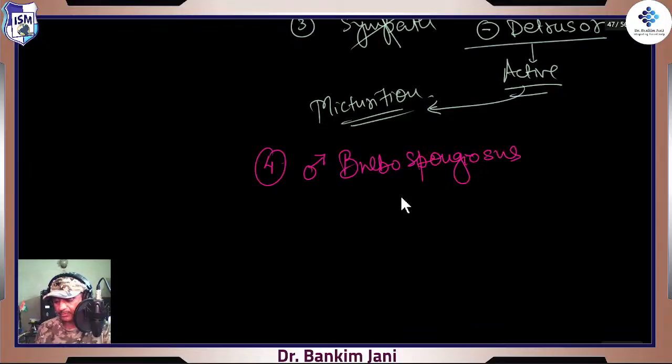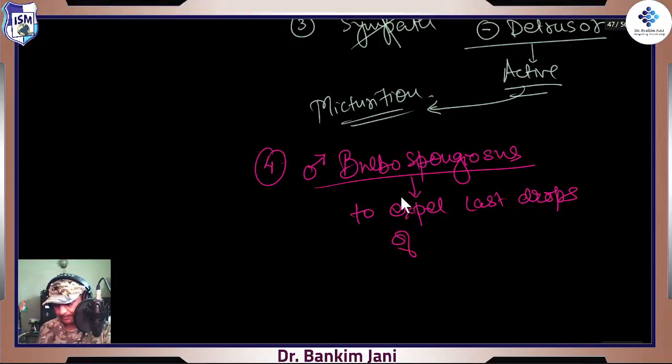This was one of the paired muscles which was attaching to that perineal body. The function of this bulbospongiosus is to expel last drops of urine. That's the idea. In case of female, because the entire urethra is very small, right? So there is never such a problem.